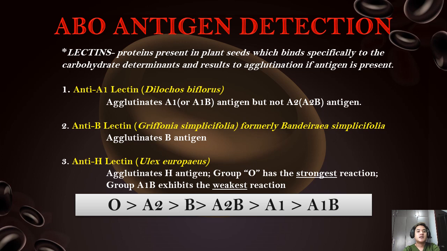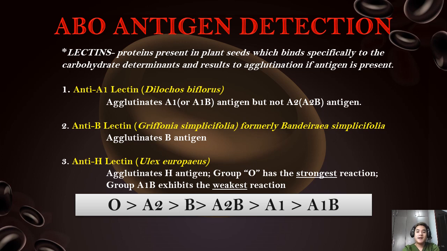Lectins, defining them, are biochemically identified proteins present in plant seeds, and their action is similar to your ABO antibodies, where they bind specifically to the carbohydrate determinants or immunodominant sugars present on red cells. And the positive result is the presence of antigen-antibody binding or agglutination when the specific red cell antigen is detected. So, okay, class, take note that this is a board exam pointer.